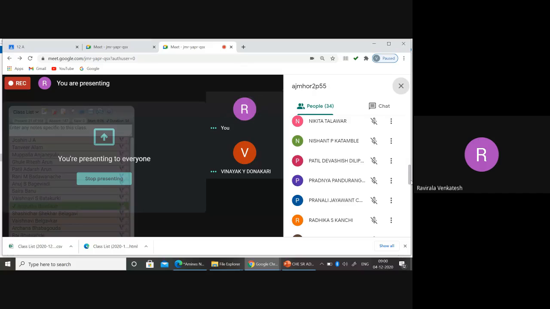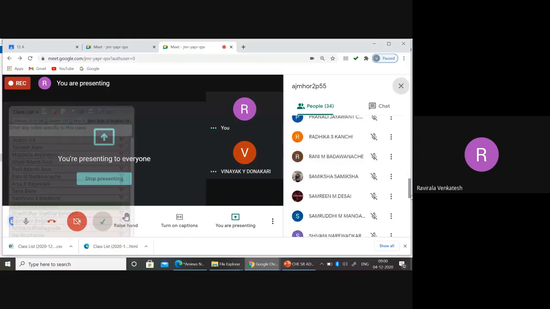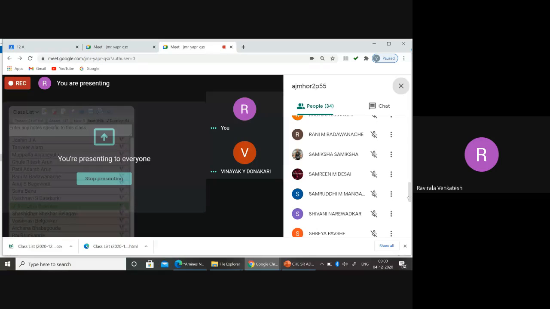Devashish. Prajna. Pranali. Radhika. Rani. Samiksha. Samrin. Samruddhi. Shivani.